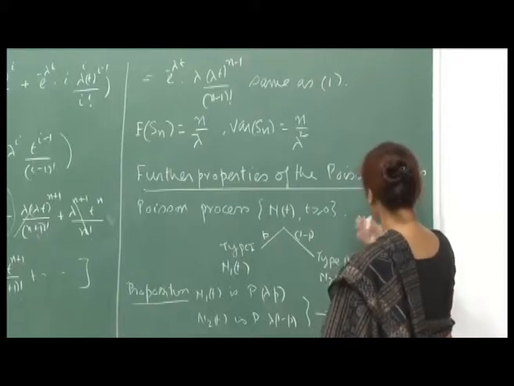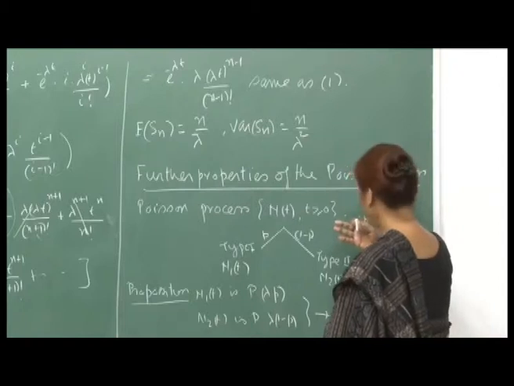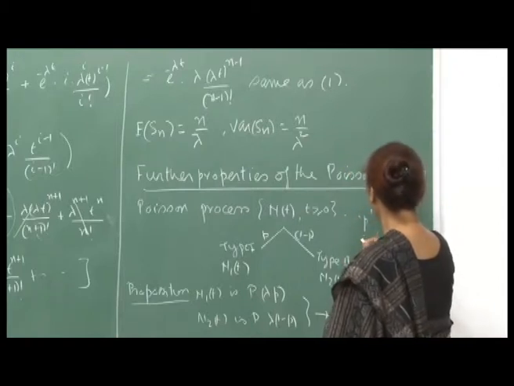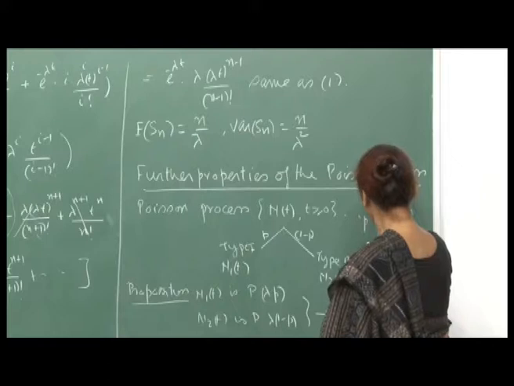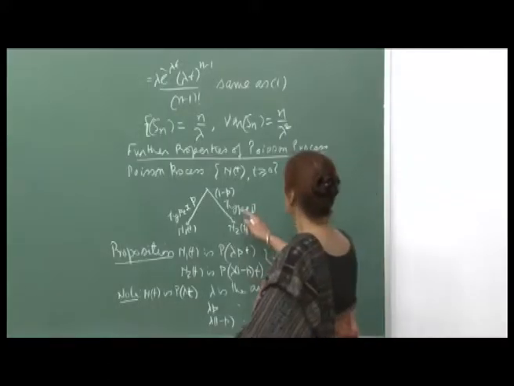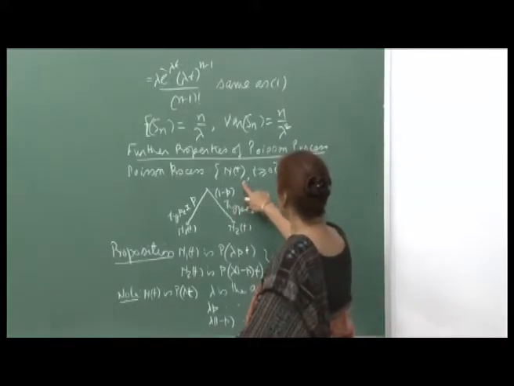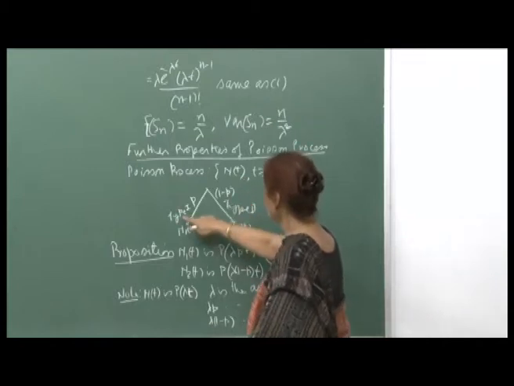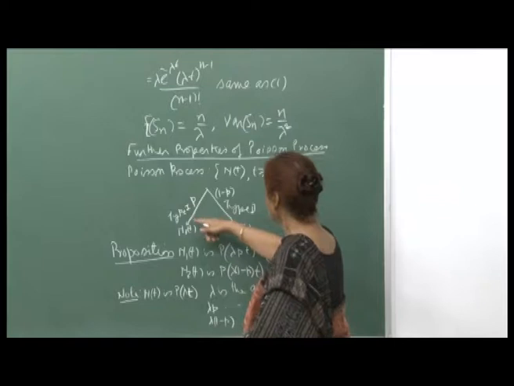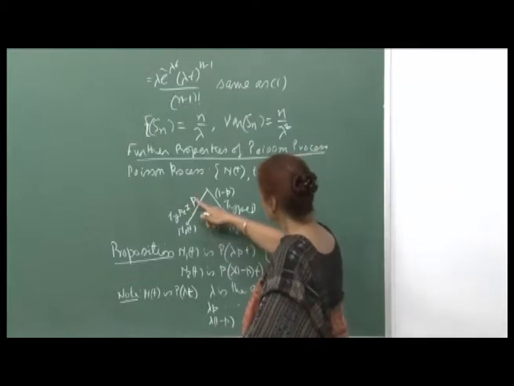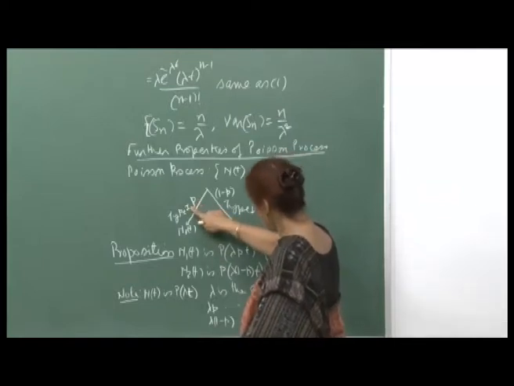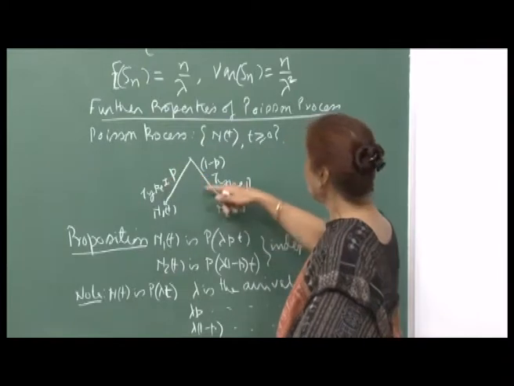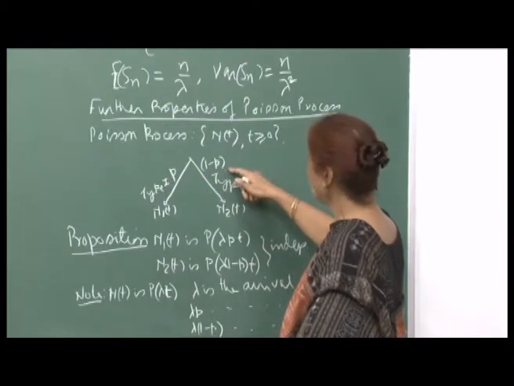And then I showed you through the MGF that each of these processes again would be a Poisson. So, while talking about the Poisson process having two sub processes which we call type 1 and type 2, the type 1 occurs with probability p, and type 2 will occur with probability 1 minus p.